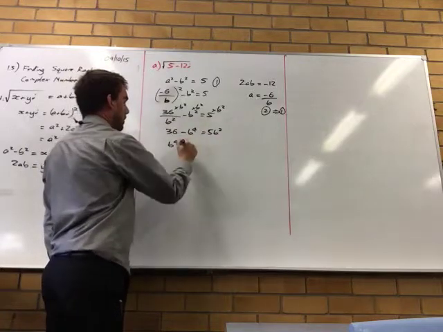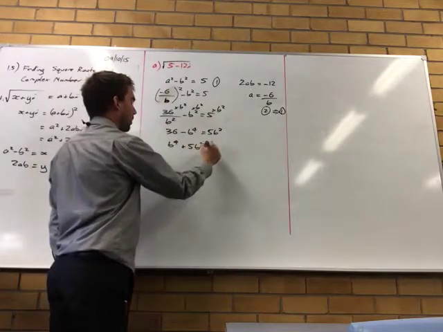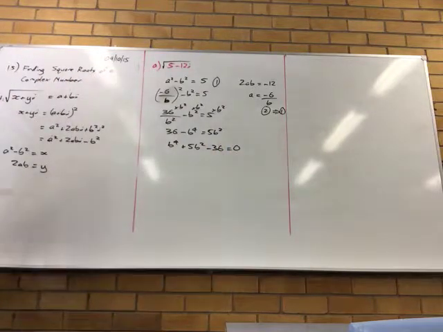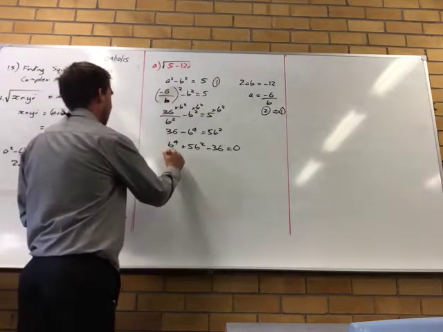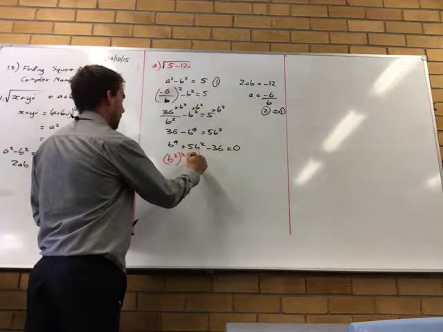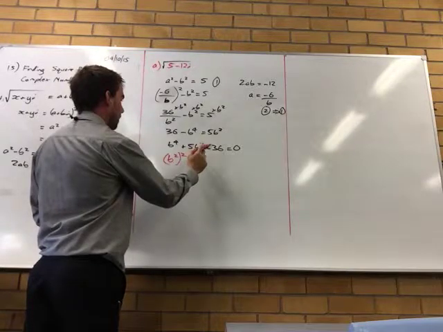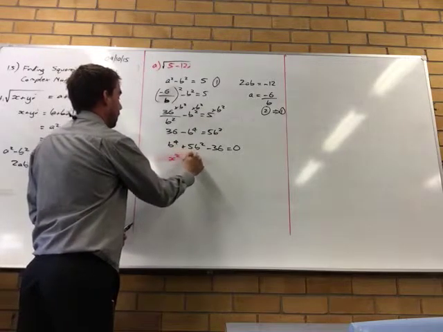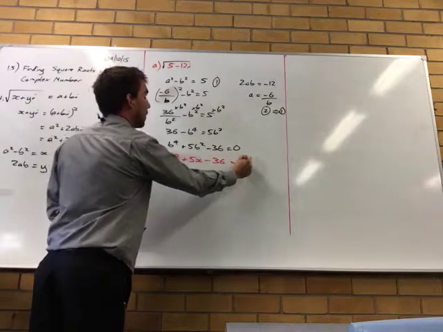So move everything onto that side. This is like a quadratic, isn't it? It's really b squared, squared, plus 5b squared take away 36. This is like your x squared plus 5x take away 36, isn't it?